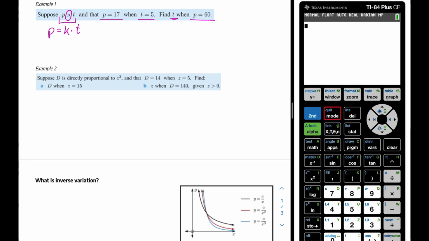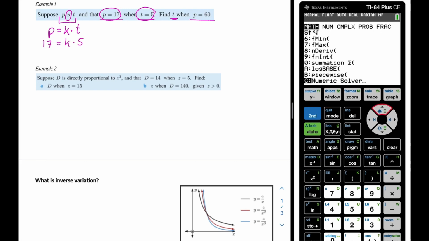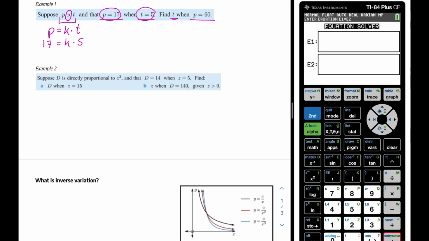I can find this constant of proportionality by substituting the value of p and the value of t, which is basically a coordinate, in my equation. On my calculator, I can go into NSolve, and I can find the value of k.